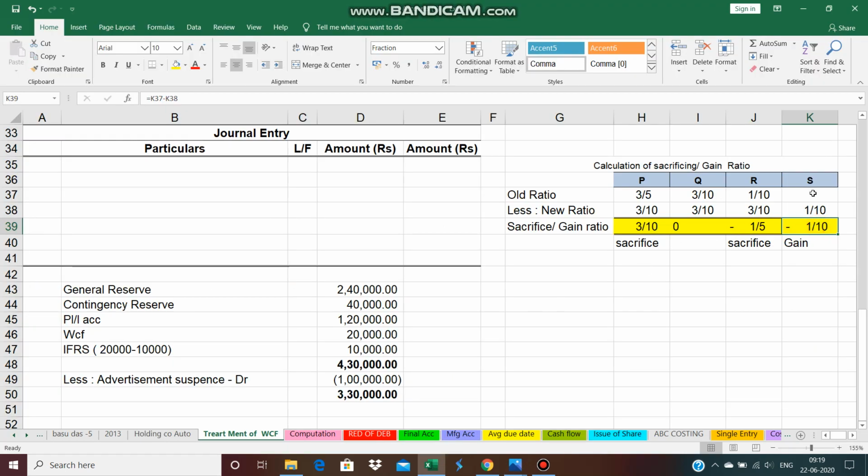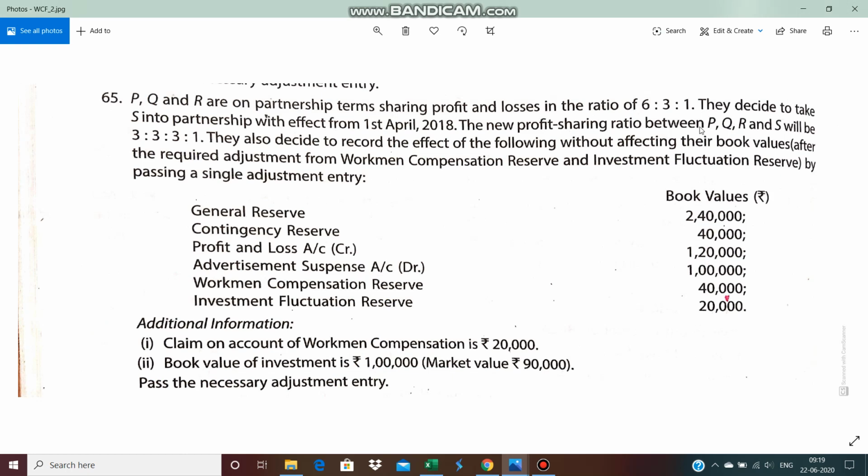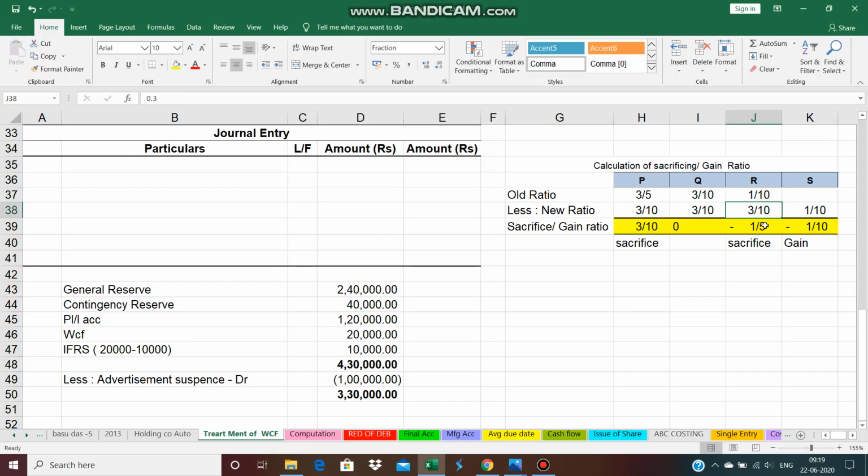So S is gaining, R is sacrificing, because R's share is 1/10 minus 3/10, sorry, he also gains, because it is given in minus. So the journal entry will be R's capital account debit because he gained, S's capital account debit because he gained, to P's capital.